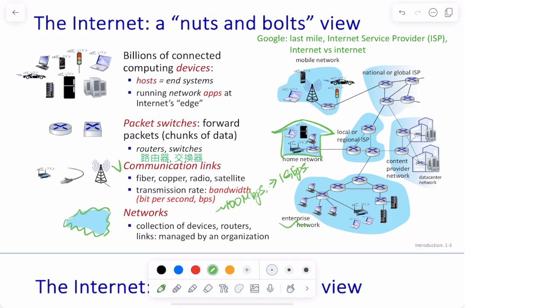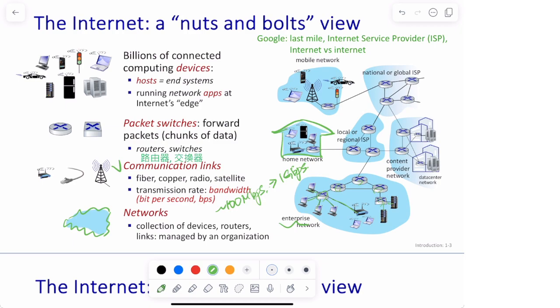Or in your company or organization, you can use certain devices to link all the routers, all the PCs, all the laptops, all the servers together to form an enterprise network.